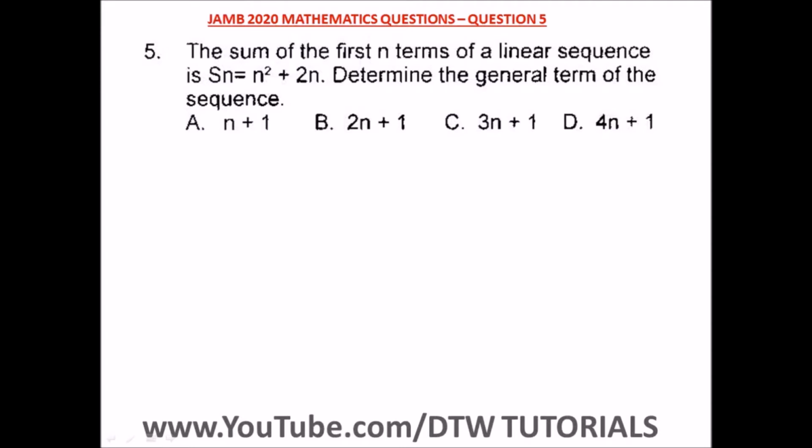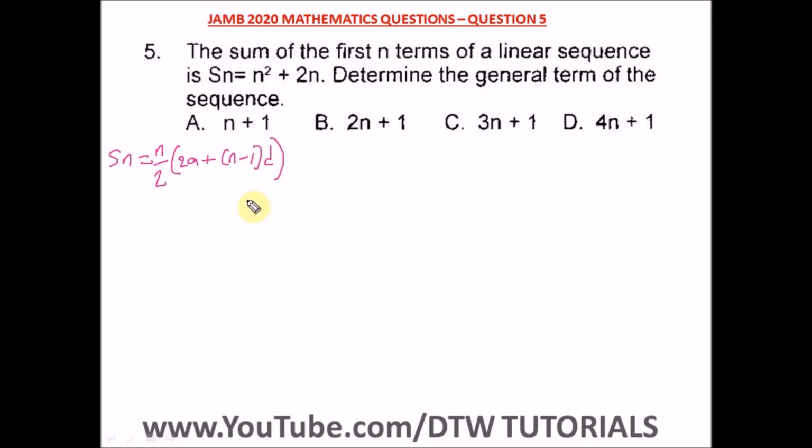If you recall, the formula for the sum of the first n terms of an arithmetic sequence is Sn equals n over 2 in brackets 2a plus bracket n minus 1 bracket close d.